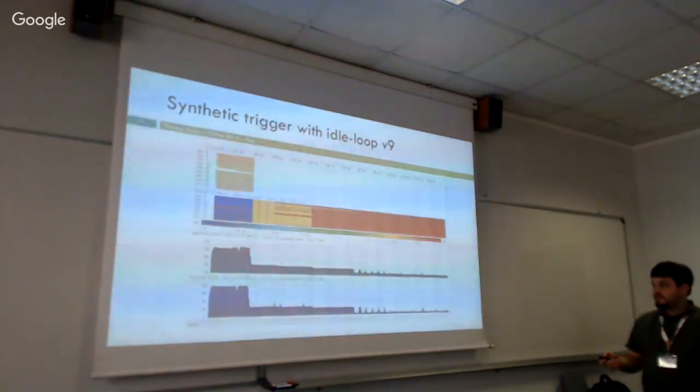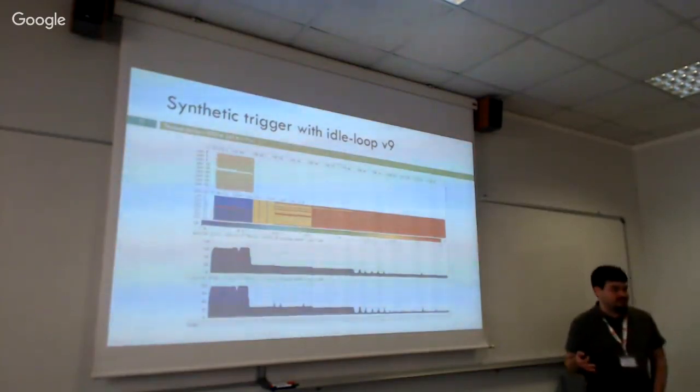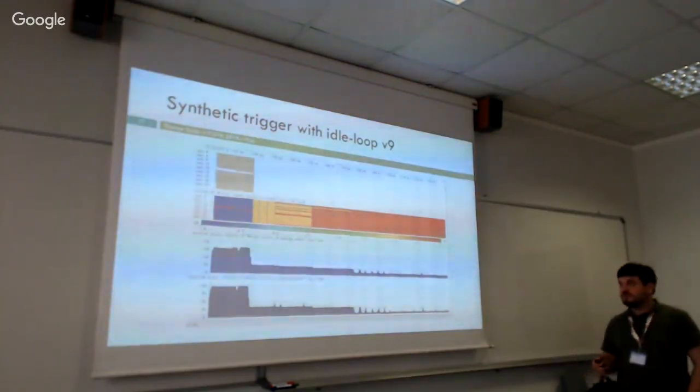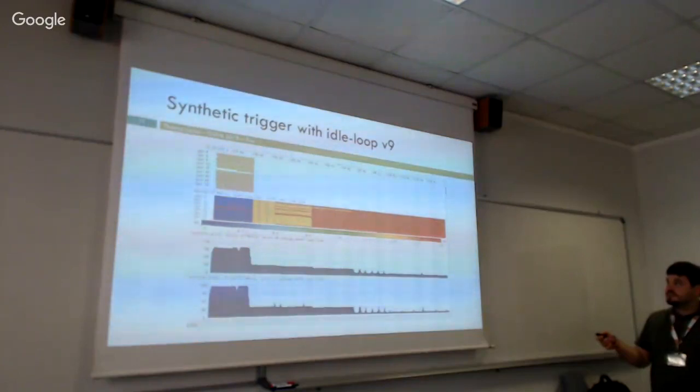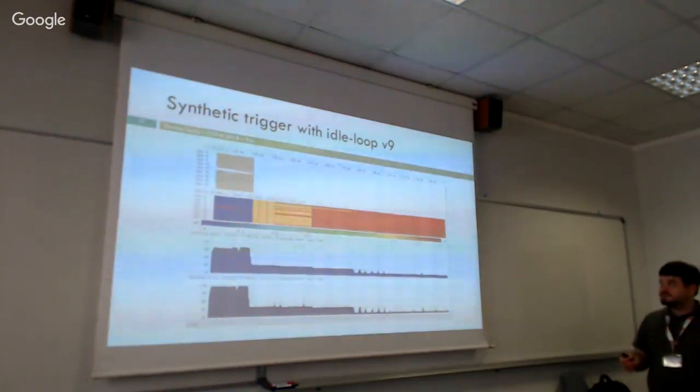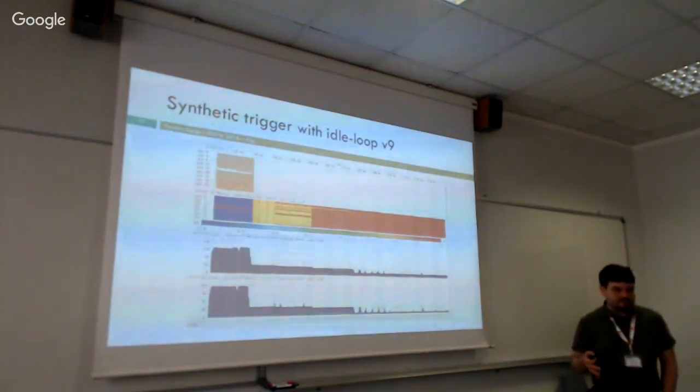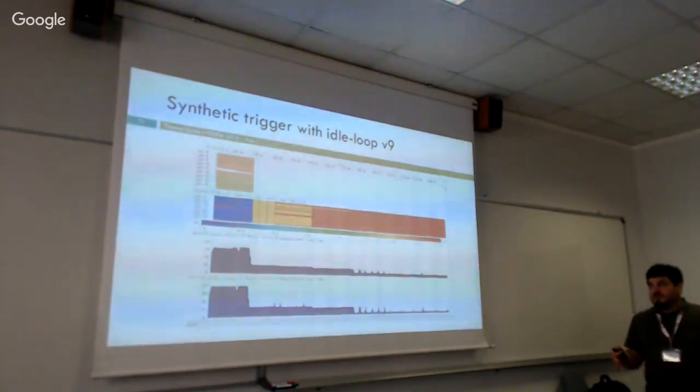And we see that after this synthetic workload, for a few ticks, it goes into C1E instead of the deeper C6 state. But after a short amount of time, in this case, I think, like 60 milliseconds, every core gets into the right C state.